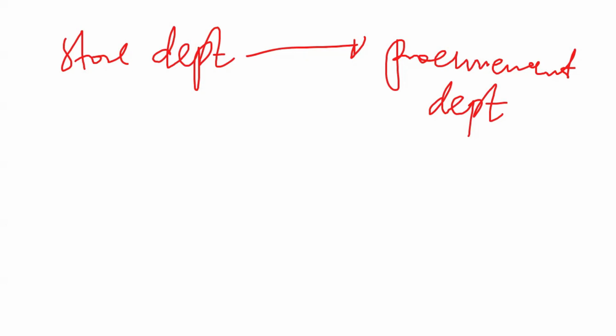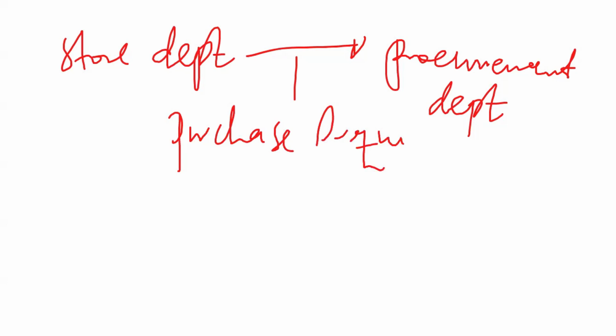So that's why it is the stores department that will make what we call the purchase order. Sorry, the purchase requisition. It will be the stores department that will raise that purchase requisition.